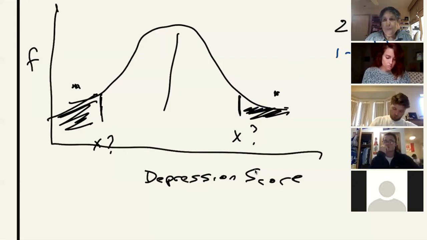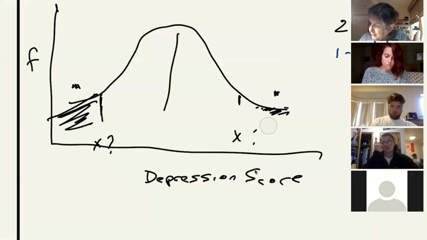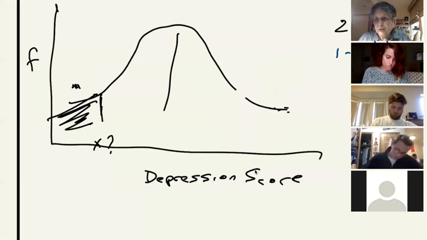If I want to do a one-tailed test and I still want my alpha to be 0.05, then that means that this top section over here, and I'm predicting my depression scores will be lower. That means that everything off over here to the right, we don't care anymore. We're predicting that the scores from the experimental group will be lower. We're only looking at this part down here on the left, the low scores.